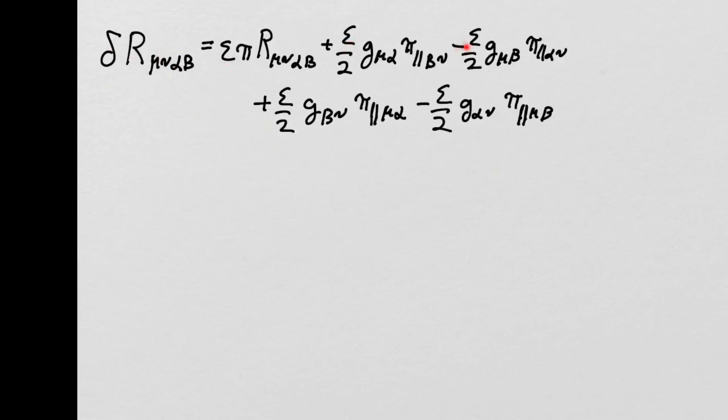You'll notice that every term has an epsilon, so the variation goes to 0 as epsilon goes to 0. You have the gauge function, which just sits there as a product of the original Riemann tensor, and then you add all these weird little terms on it. This is what comes out of that calculation I just mentioned.